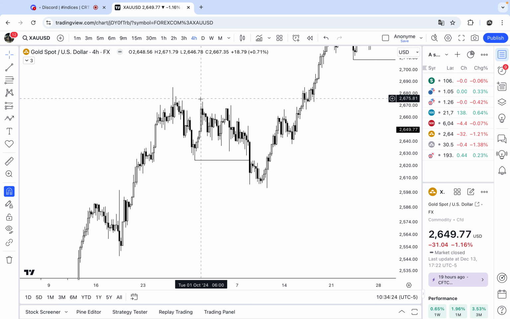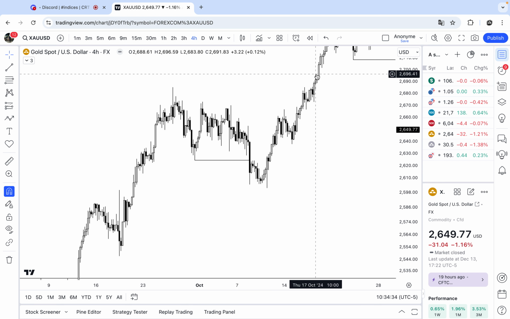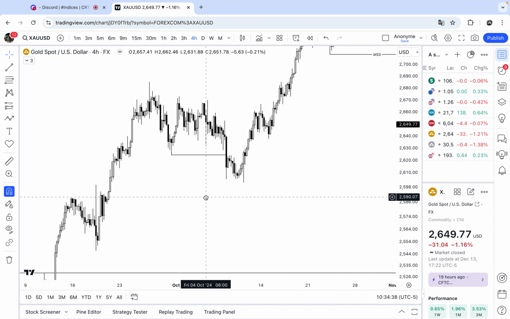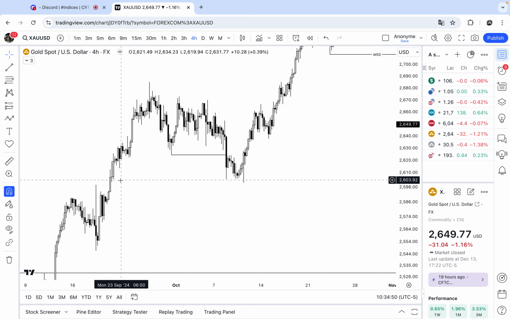All right. So now people say, oh, okay, market structure shift. Okay, let's go. We are looking for sells. And then they got wrecked. All right. The last low that broke the high will be this one. Look, this is the high.